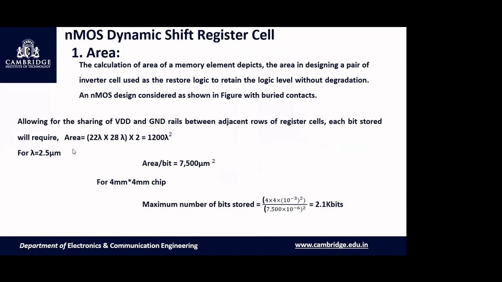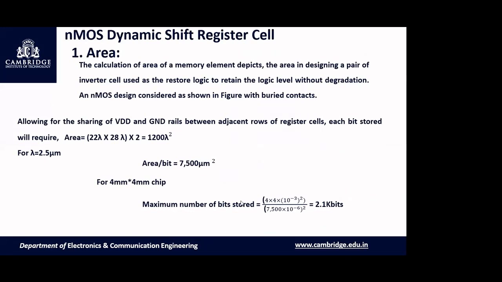So now we'll see how to calculate the area. As I told you, if you design any memory, 3 factors should be considered: area, power dissipation, and volatility. First, let us see about area. We got an idea how much area would be required for us.